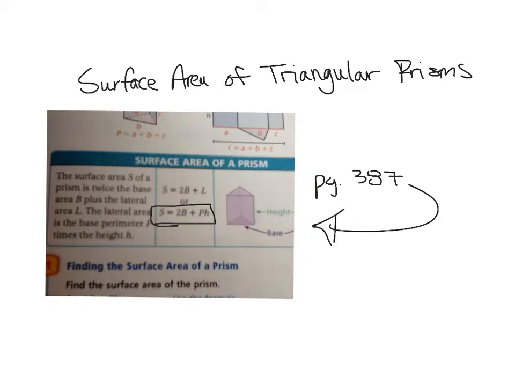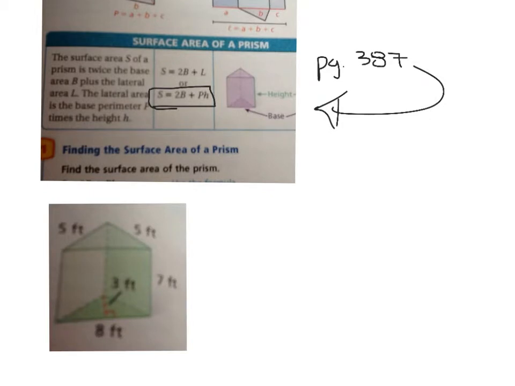So we're going to look at a triangular prism now and find the surface area of it using that formula, and I'll explain to you how that formula works while we do it. And let's fill these in. So we actually know what they say. That's a 5 and a 5 and a 3 and a 7 and an 8. So here we go. With this formula, S equals 2, and that big B from the volume means the base, right?